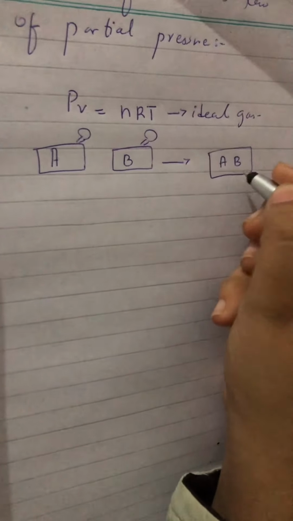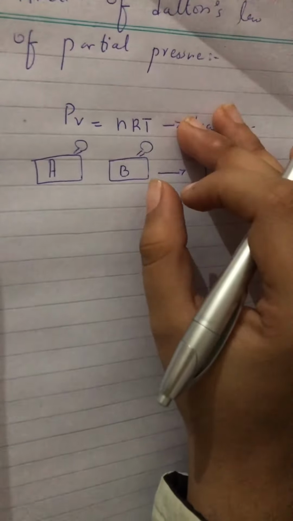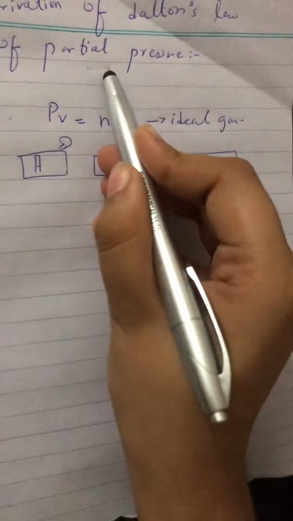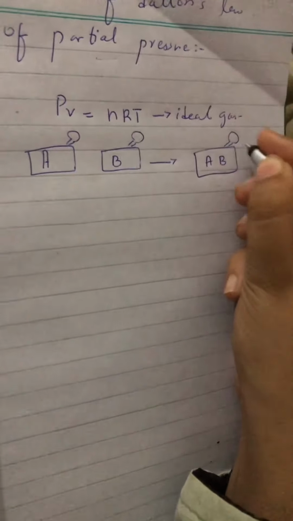These are both non-reacting gases. What was Dalton's law of pressure? For a mixture of non-reacting gases, the individual pressure of any non-reacting gas is known as its partial pressure.